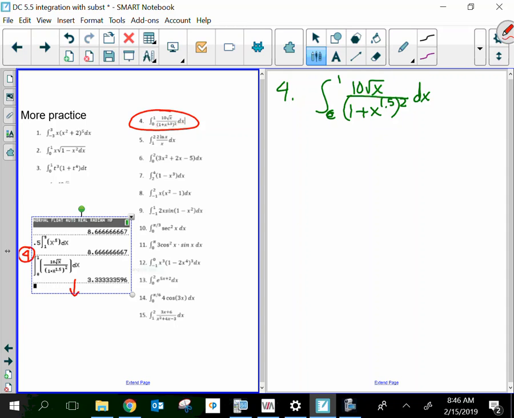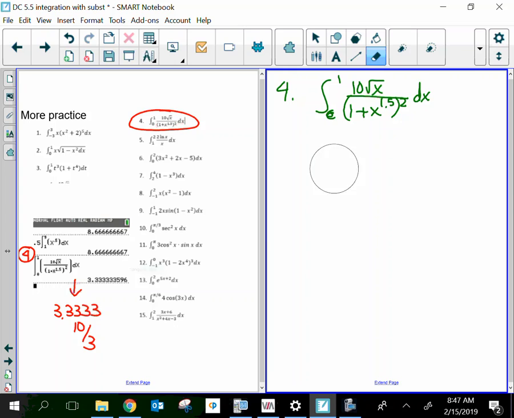What is u? Supposed to be 0, isn't it? Oh, it's 1 plus 1.